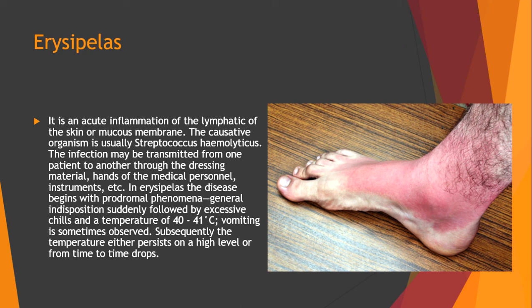The infection may be transmitted from one patient to another through the dressing materials, hands of the medical personnel, instruments, etc. In erysipelas, the disease begins with prodromal phenomena, general indisposition suddenly followed by excessive chills and temperature up to 40 or 41 degrees Celsius. Vomiting is sometimes observed. Subsequently, the temperature either persists at a high level or from time to time drops.